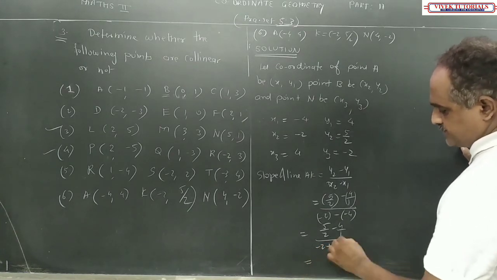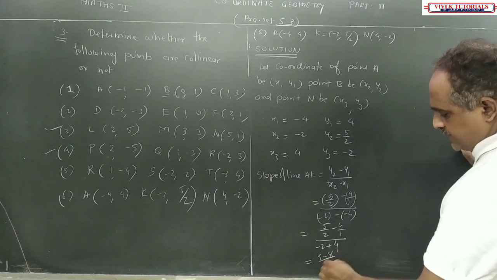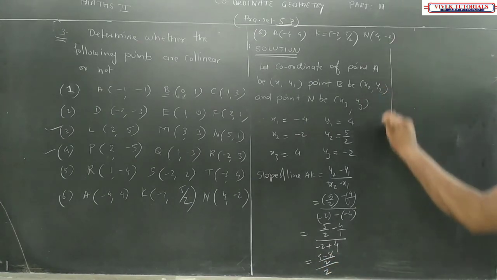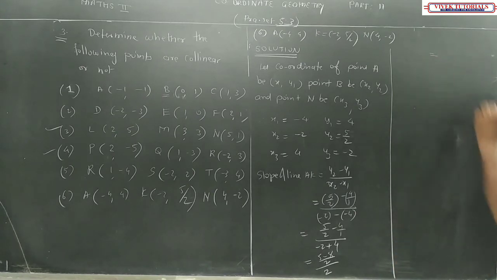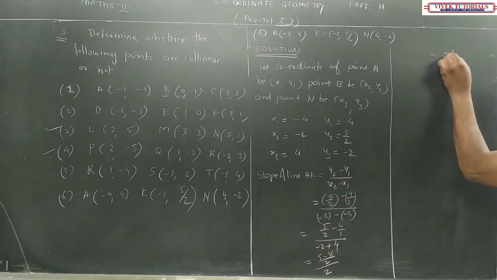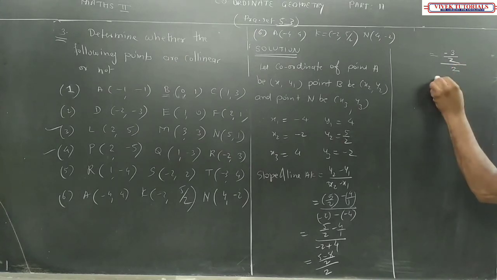So 5 minus 8 over 2, that is -3/2, and that again divided by 2.